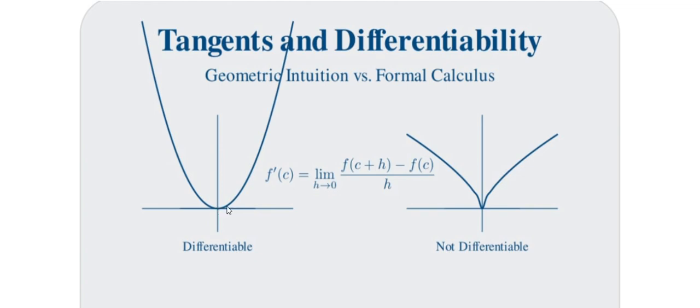The right hand derivative is y3 minus y1 divided by x3 minus x1, as x3 tends to x1. This should be equal to the left hand derivative, that is y2 minus y1 divided by x2 minus x1. Then it is called differentiable.